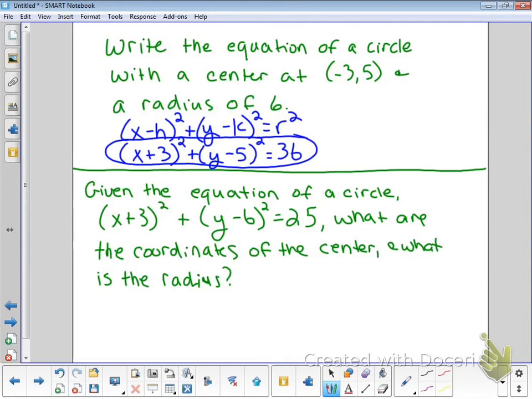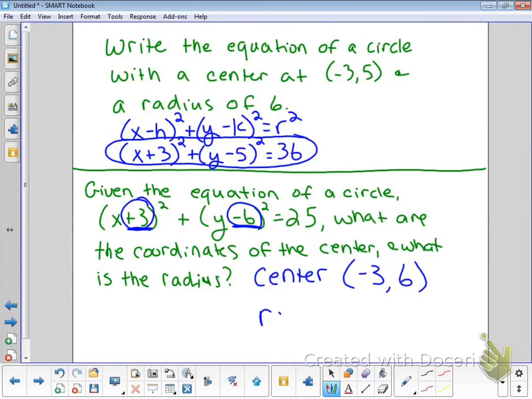Well, we know that the coordinates of the center are right here, this and this, but it's the opposite of it. So the center, if this is positive 3, the x value of the center is negative 3. If this is negative 6, then it's positive 6.